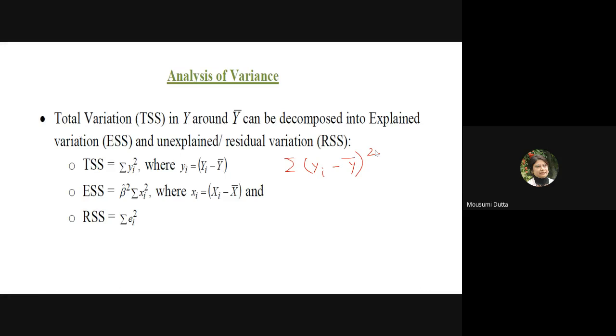So variation in yi is basically, in a regression framework, equal to ESS plus RSS.